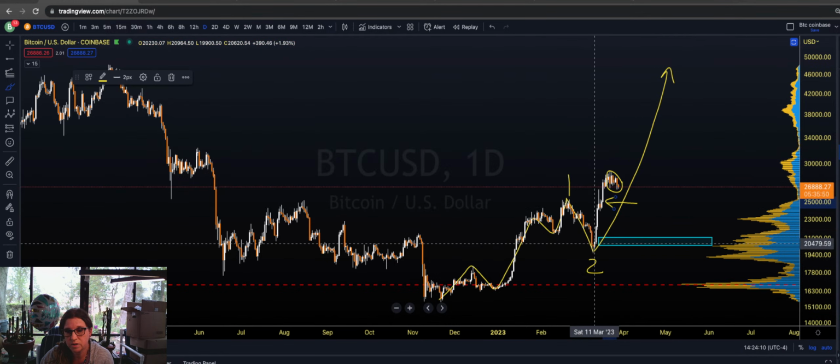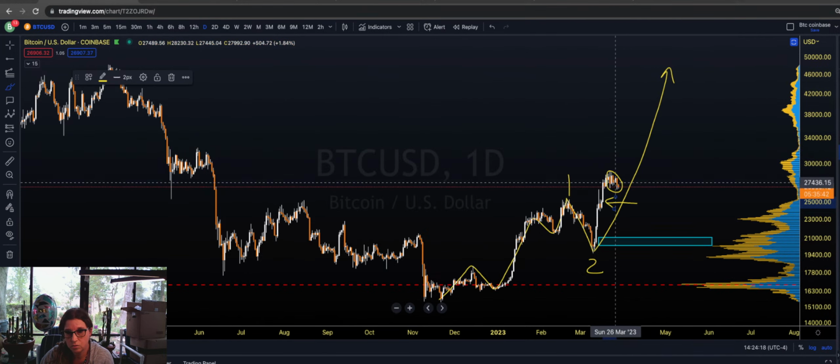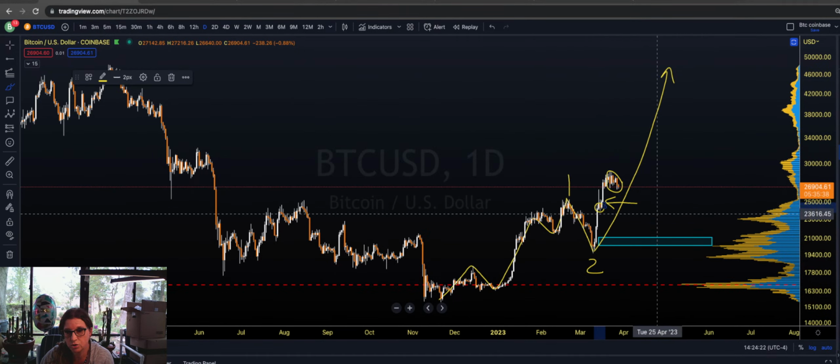If this was going to be a 1-2-1-2 nest, we would have already taken off, because this 2 is of lower degree than this 2, and it should be smaller or the same size.